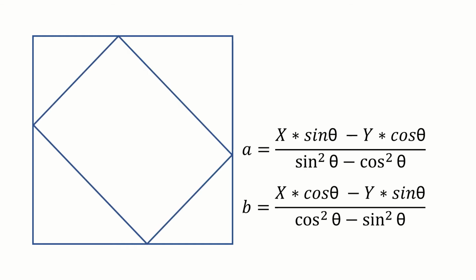Now let's take 1 second to think about what is the flaw in this equation. Here it is. If theta is 45 degrees, sine theta equals cosine theta, and you're dividing by something that equals 0, and that's not going to work.